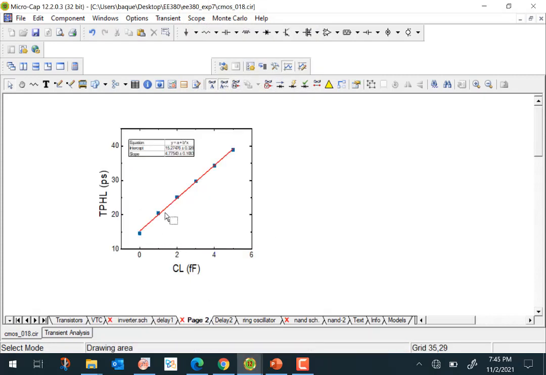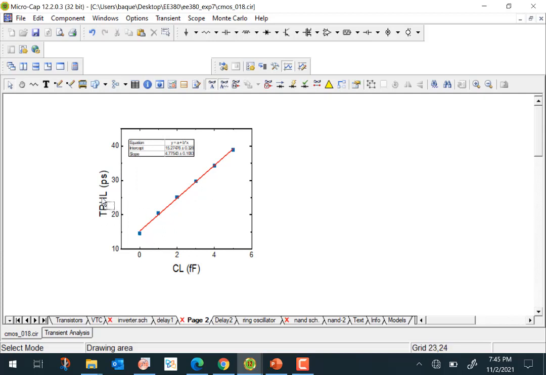Beyond that, we have the extrinsic part, which depends on the load, and the delay increases linearly with the load capacitor. So you can write the delay of an inverter as a linear equation, which will have a constant part, the intercept, plus a slope multiplied by CL. Right, so a linear equation can be written for tau PHL.